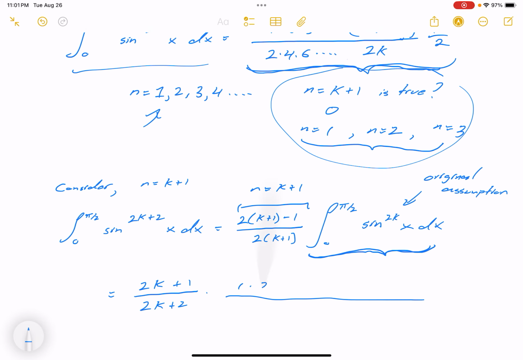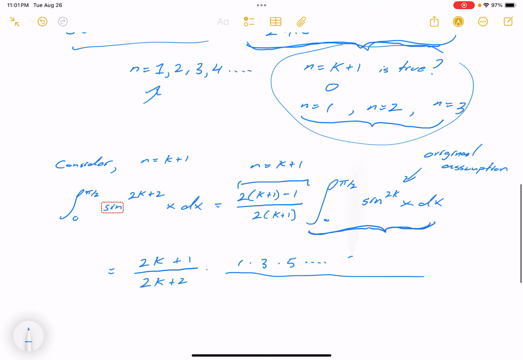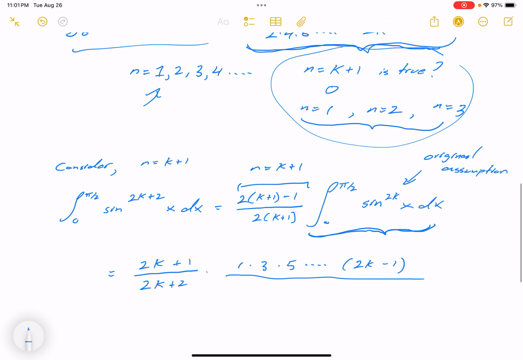1 times 3 times 5 dot dot dot. Our original assumption, remember, is 2k minus 1 over 2k, that is going to be 2 times 4 times 6 dot dot dot of pi over 2. Don't forget your pi over 2.